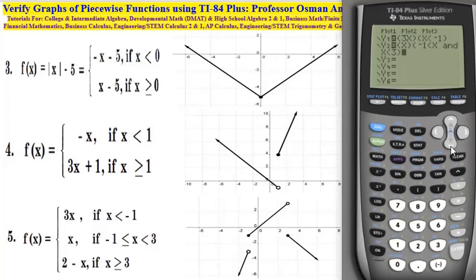Okay. Then it is 2 minus x and this is valid when x is greater or equal to 3.